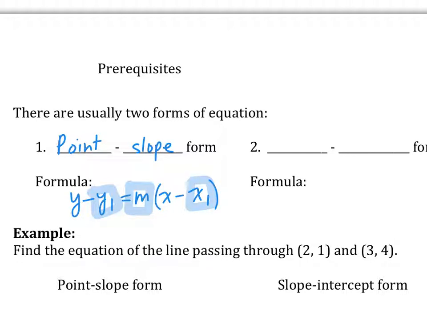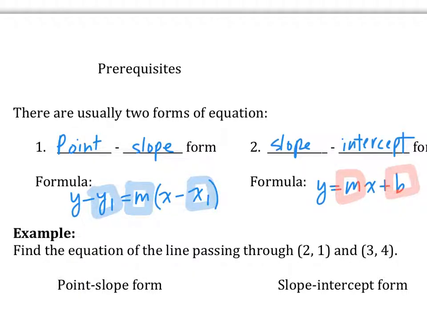The second formula is called the slope-intercept. Do you remember the slope-intercept form? Y equals mx plus b. Good. Y equals mx plus b. So what you want to fill in is your slope and intercept. What intercept are they talking about, though? The y-intercept.